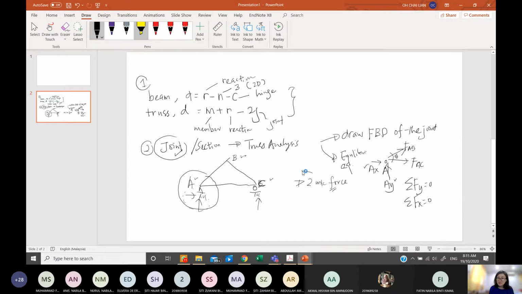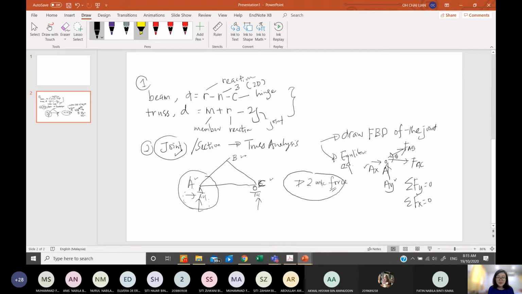Since we are choosing a joint with not more than 2 unknowns, you are solving at most 2 simultaneous equations, or you can directly solve equations with 1 unknown. This is what you should do in your joint analysis.